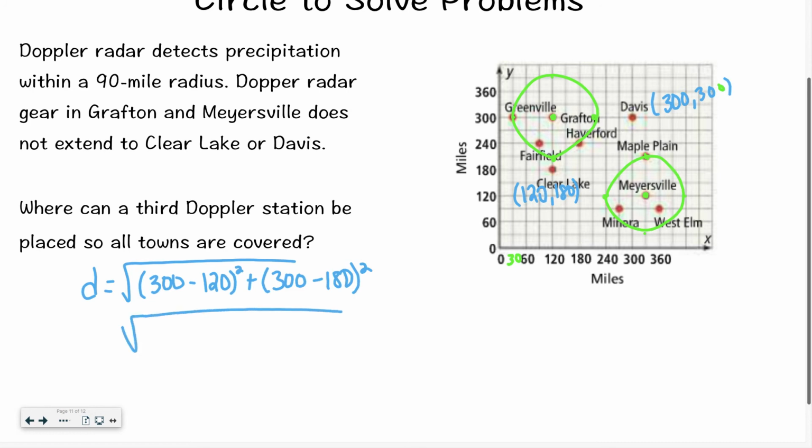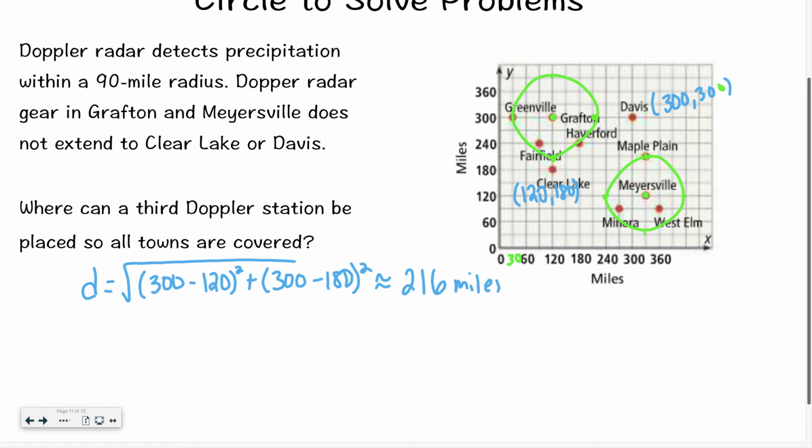I'm actually just going to plug that all in right now instead of simplifying. I trust that you guys can do that by this point. So if we do that, we get approximately 216 miles apart from each other.